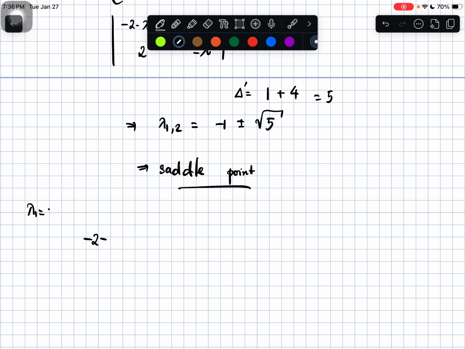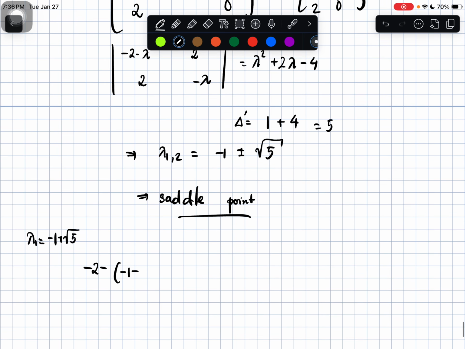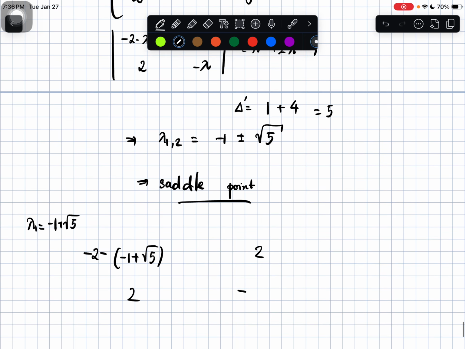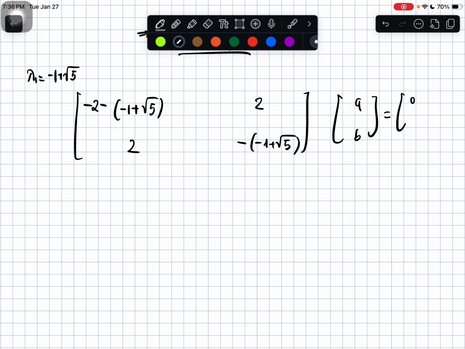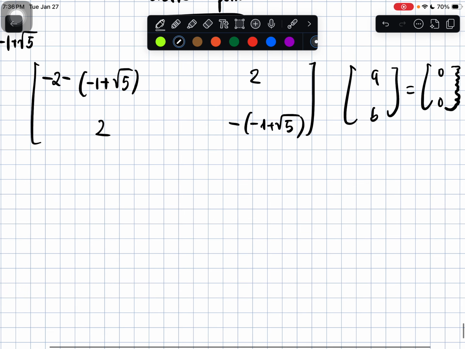Lambda 1. Say (A, B) times the matrix equals (0, 0). This one gives us 2A minus B times minus 1 plus root 5.